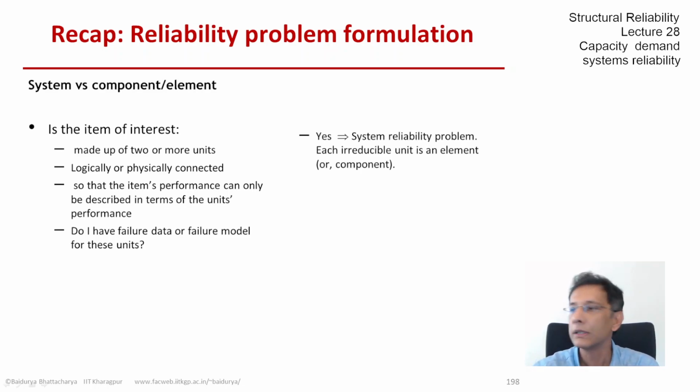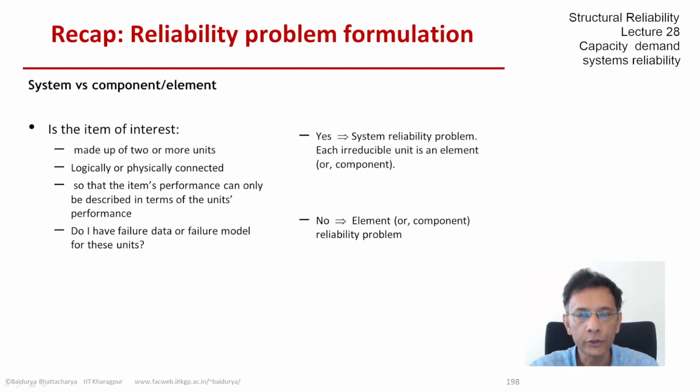In that case, each such irreducible unit is an element of the system, and we just need to know the logic, how they come together and build up the system. And if it's not, it's an element reliability problem. We use the words element and component interchangeably, and we have looked at enough of these. So the focus of this week is system reliability problems.